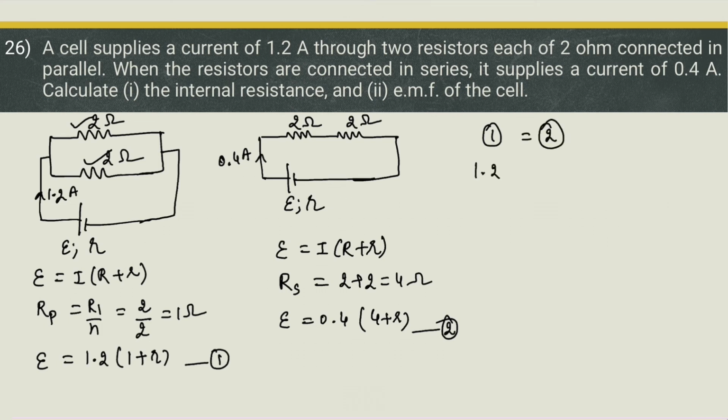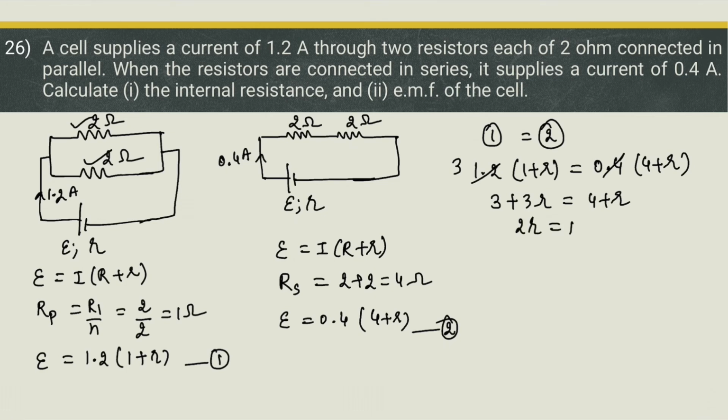So 1.2 into 1 plus small r is equal to 0.4 into 4 plus small r. 0.4 3s are 1.2. Opening the bracket, 3 plus 3r is equal to 4 plus r. So this is 3r minus r, 2r is equal to 1, and hence r is equal to half or 0.5 ohm.